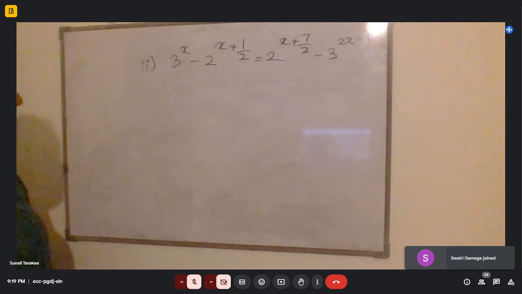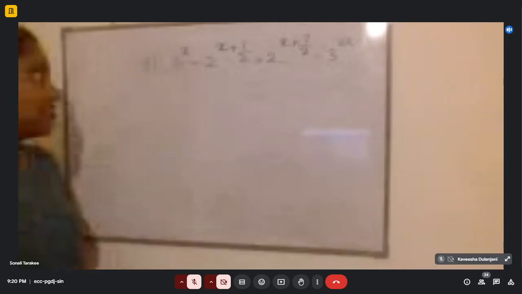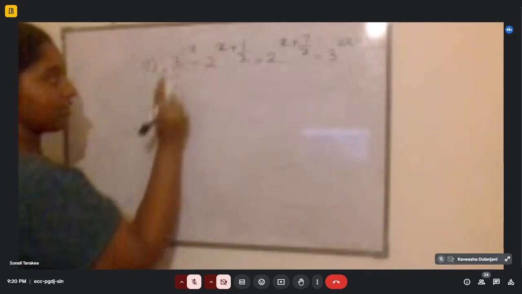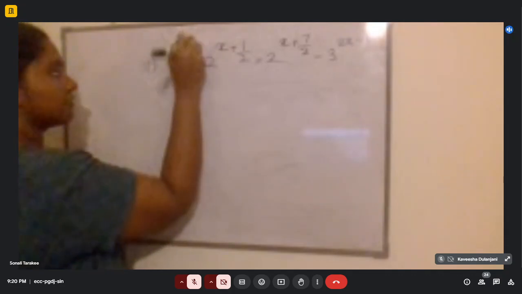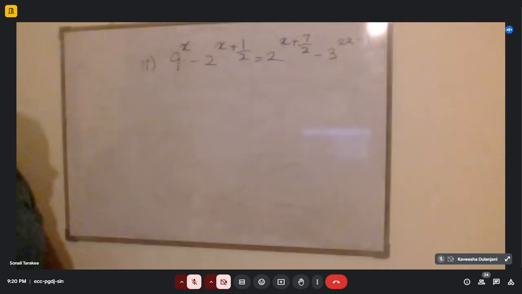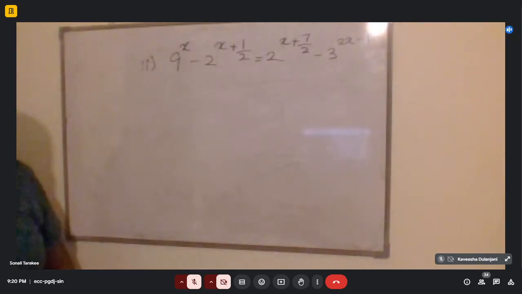So there is an error in this question. Either this should be 3 to the power 2x or this should be 9 to the power x. If we have 3 to the power x here, you can't solve it. If you tried, just tell me.